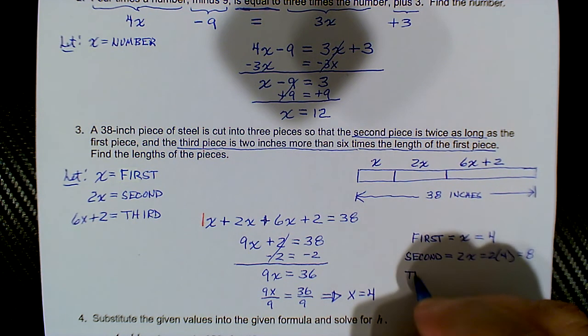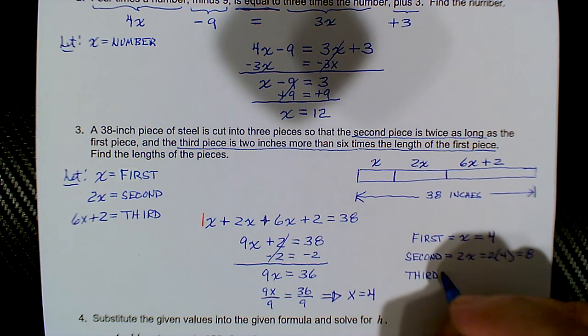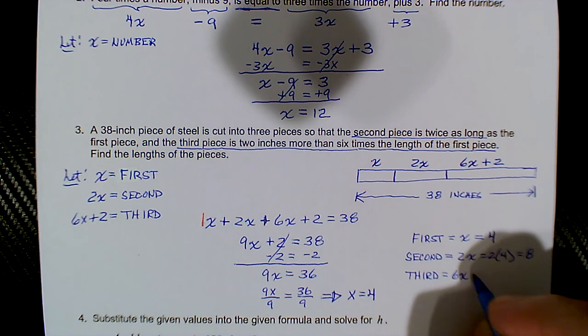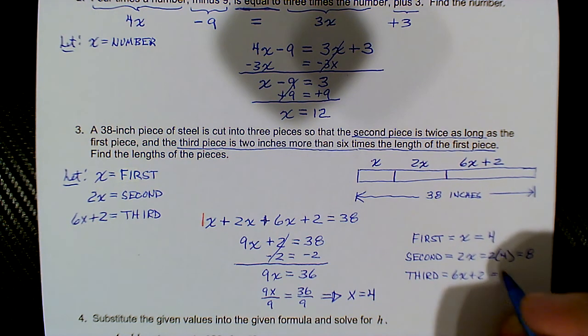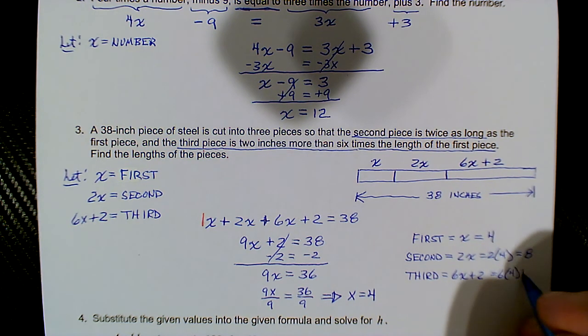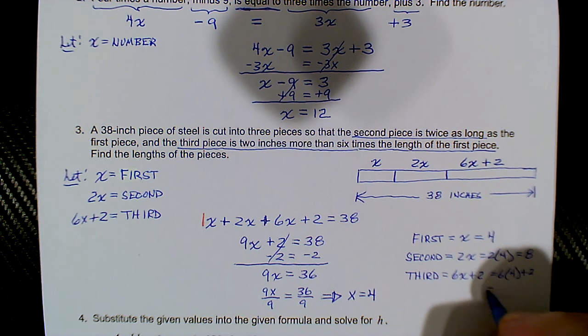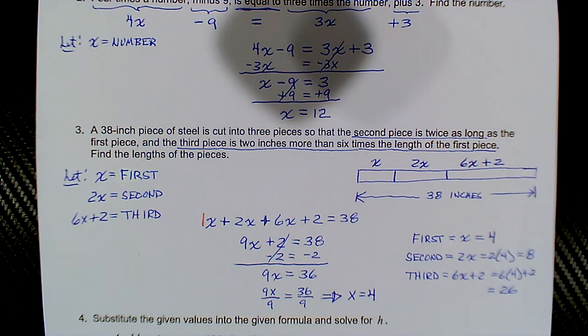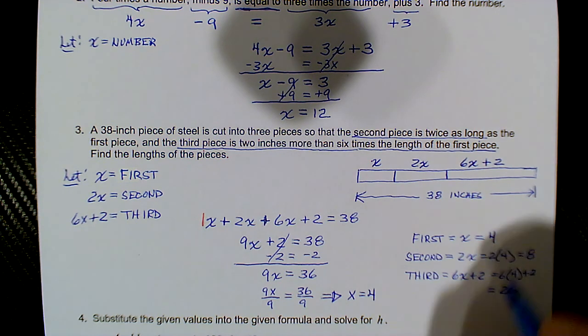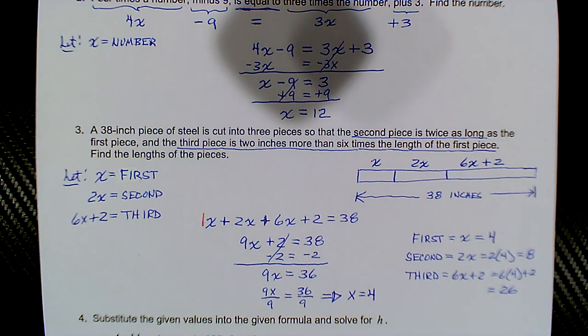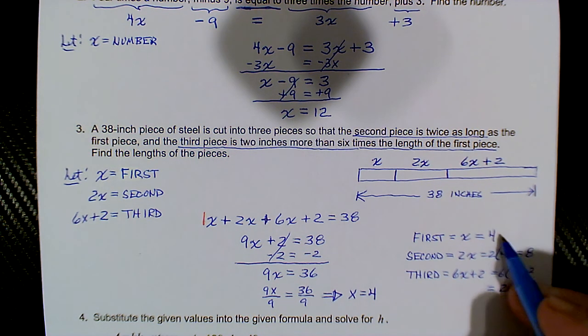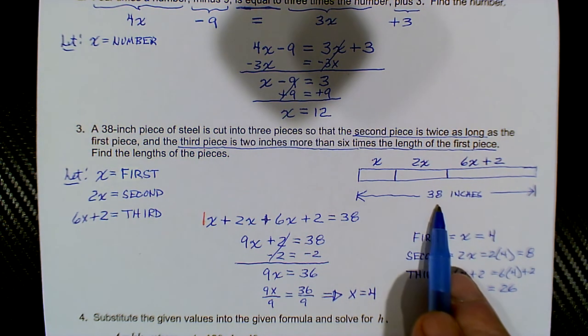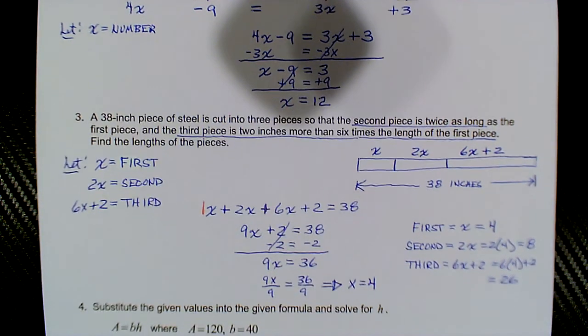And the third piece is 6x plus 2, so 6 times 4 plus 2, and 6 times 4 is 24, plus 2 is 26. And then you could actually verify that you did things correctly, because if you add the 26, the 8, and the 4 together, you do get 38 inches, okay? So you can almost double check your work there.